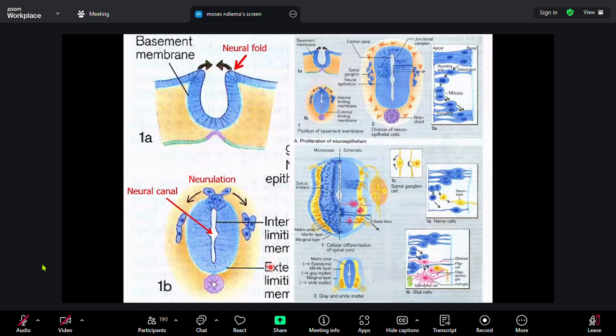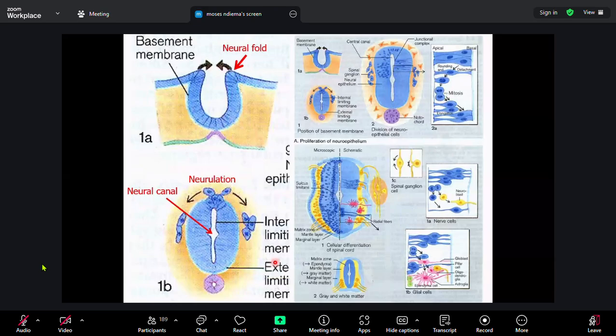So this becomes a motor plate. So basal plate is motor, the ala plate is sensory. And like I said, this process going to the myotome, when the myotome migrates, it migrates with each segment. And like we had said, each somite contains a myotome. This is what happens in the case of the spinal cord.